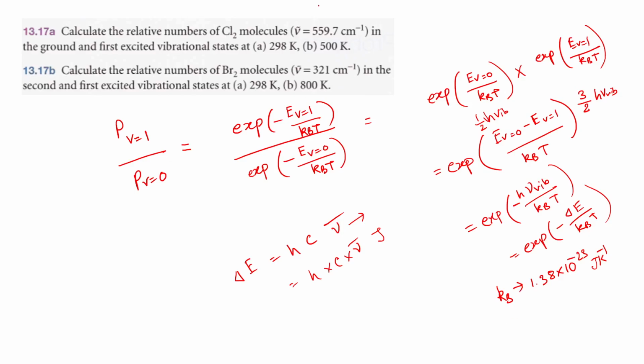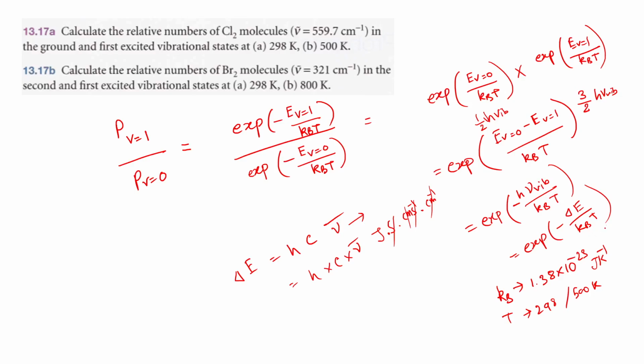Now you can change the temperature. You have been given two temperatures: one is 298, another is 500 Kelvin. In the upper portion you get joule times second times, suppose, centimeter per second, and then you have your new bar in inverse centimeter. That will cancel, and you are going to have your energy in joules.